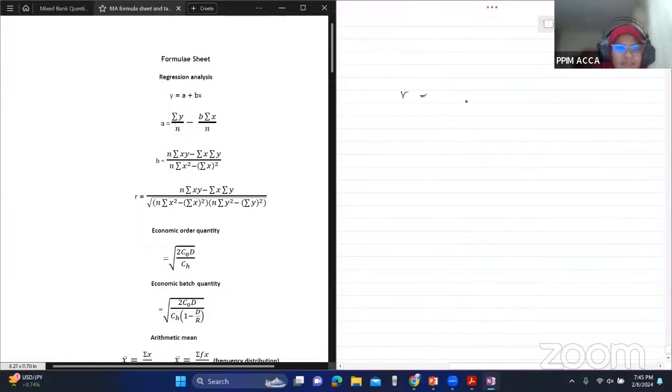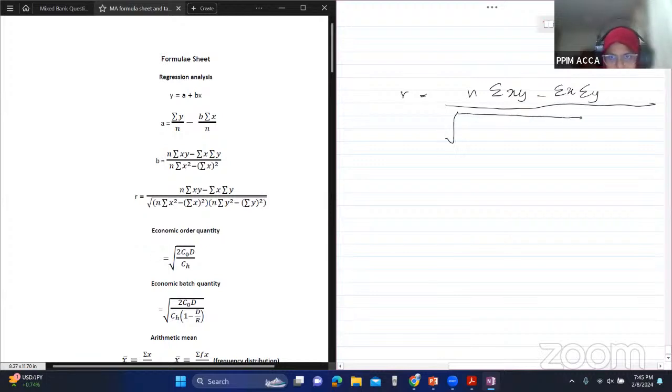R equals the big equation. Okay. N times sigma xy minus sigma x sigma y, divided by the square root of n times sigma x squared minus sigma x, the whole thing is squared.